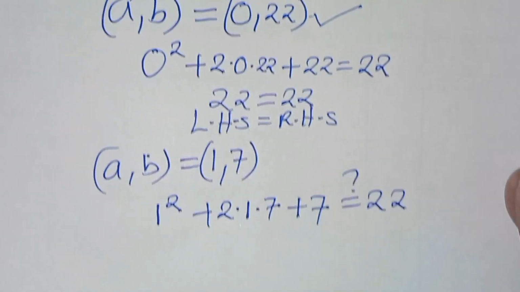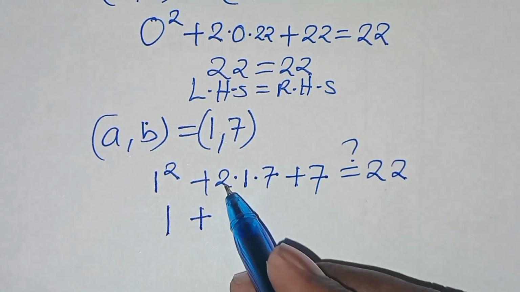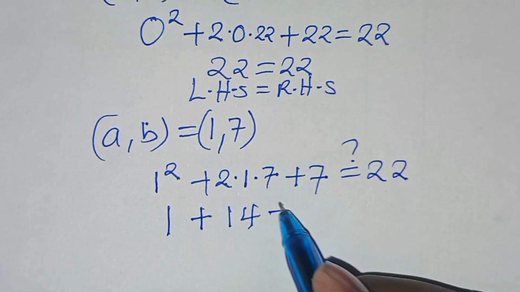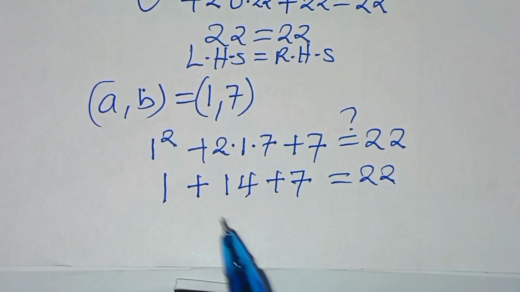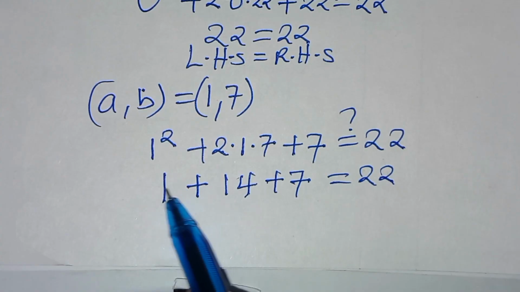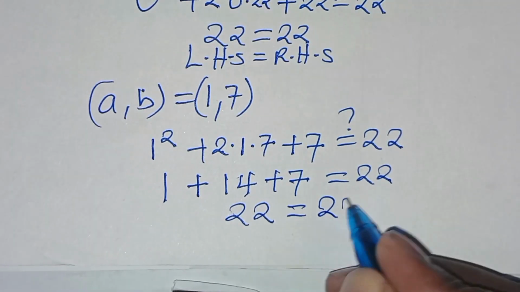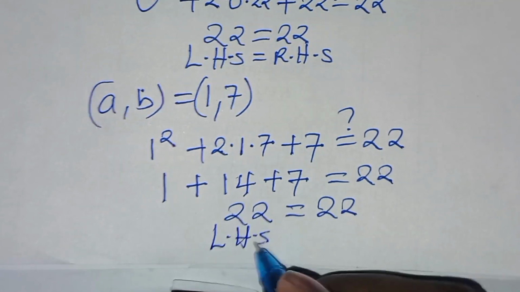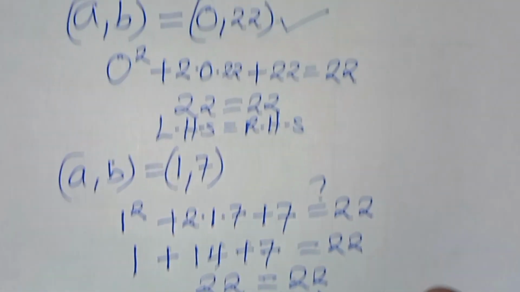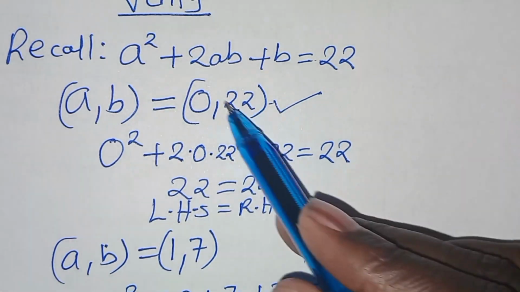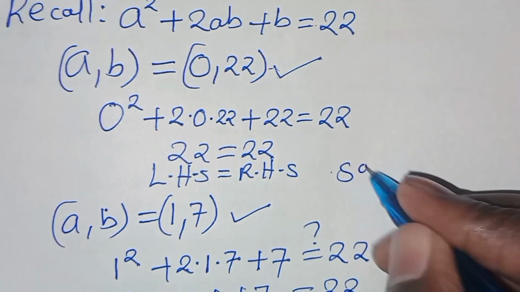Let's check if this is true. 1 squared is 1, plus 7 times 2 is 14, plus 7. So we have that 14 plus 1 is 15, 15 plus 7 is equal to 22, and this is equal to 22. So the left hand side is equal to the right hand side. And this implies that the two sets of solutions, that is 0, 22, and a, b is 1 and 7, satisfy the equation.